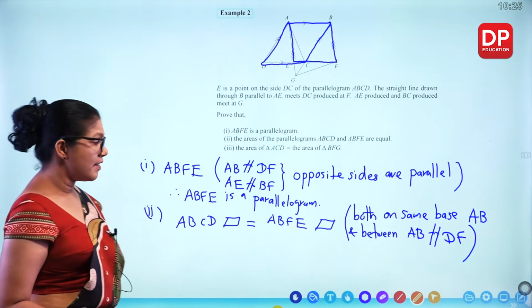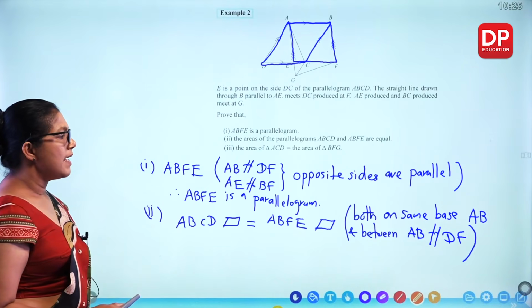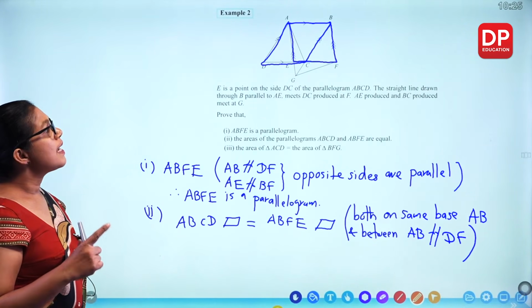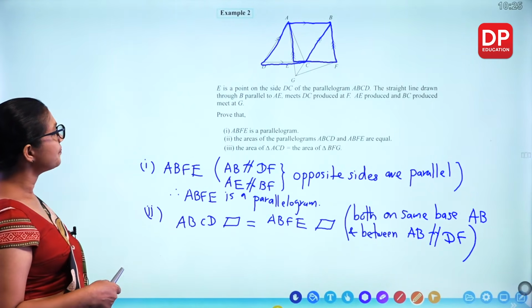So according to the theorem, if this happens, both on the same base and in between the same pair of parallel lines, the areas are equal.